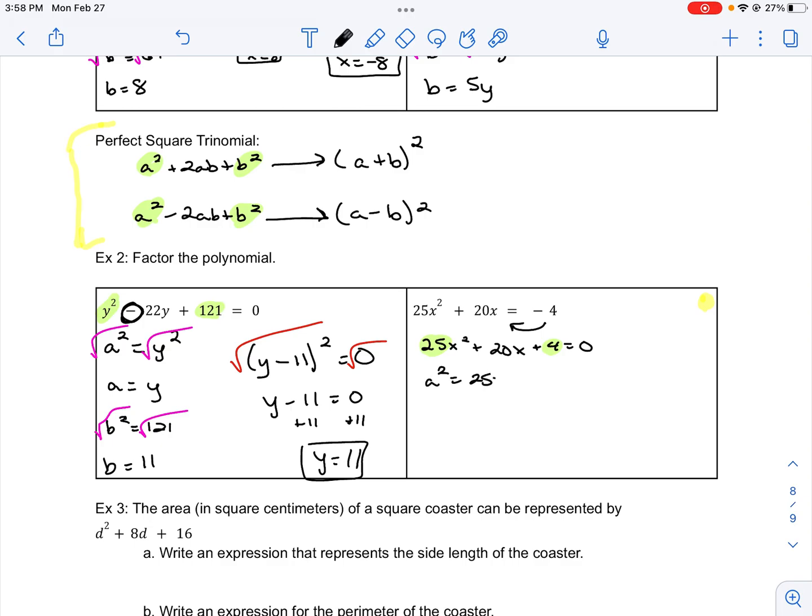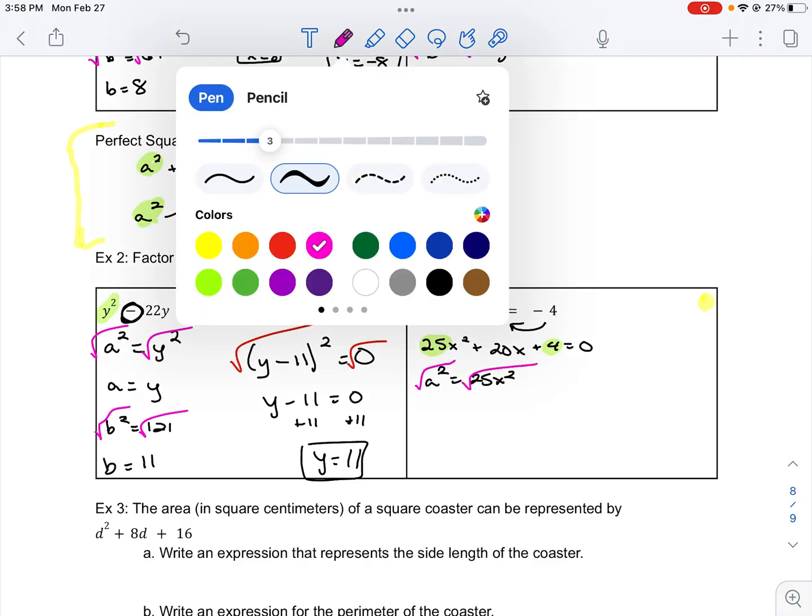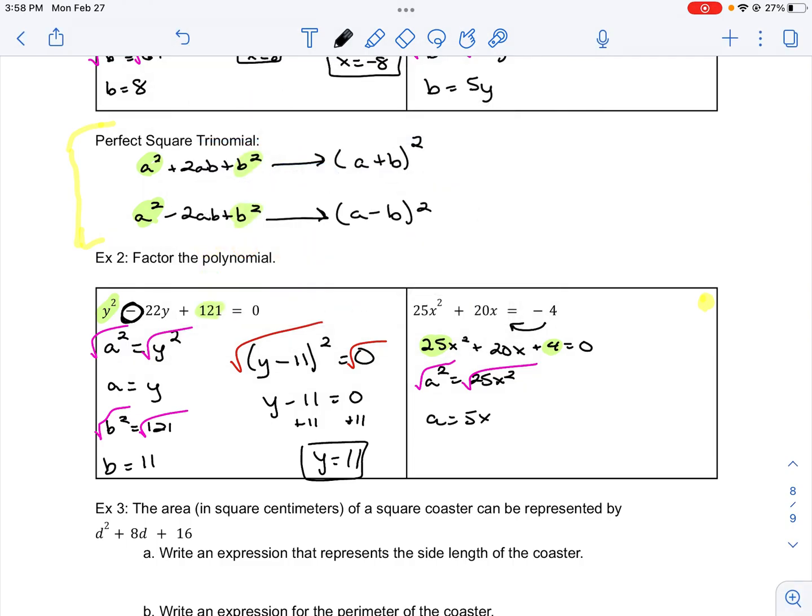I have a squared equals 25x squared, square root both sides, a is 5x. B squared is 4, b is 2. Because this is a plus plus, I'm going to use that (a plus b) squared. So a is 5x, b is 2, it's squared, set it equal to 0. Final answer. If you were to go through and actually solve this, which I'm not going to go through the steps, you'd get x equals negative 2 over 5.